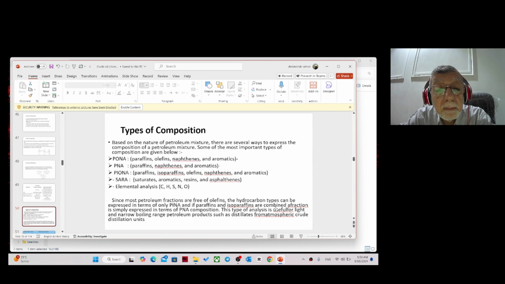PNA means paraffin, naphthene, and aromatic. PIONA means paraffin, isoparaffin, olefin, naphthene, and aromatic. SARA: saturate, aromatic, resin, and asphaltene. This is according to composition, the analysis according to constituents. Elemental analysis covers carbon, hydrogen, sulfur, nitrogen, oxygen.